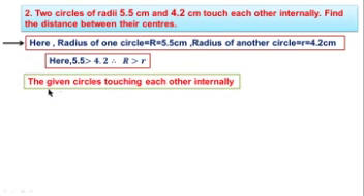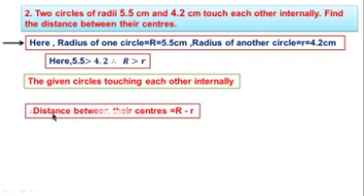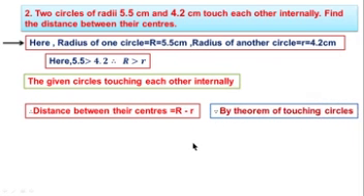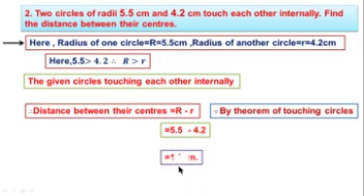The given circles touch each other internally. Distance between their centers is equal to R minus r by the theorem of touching circles. Here, the value of this R is equal to 5.5 minus 4.2, we will get here 1.3 centimeters. Distance between their centers is equal to 1.3 centimeters.